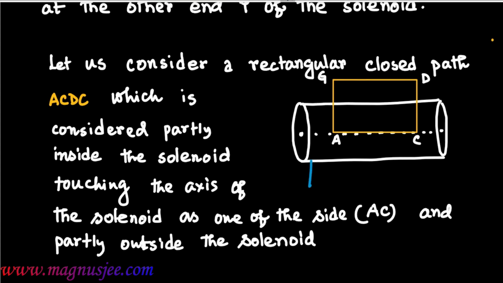An insulated wire is wound on this cylindrical core. I be the current which is flowing through the solenoid.